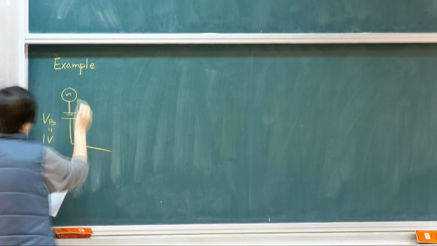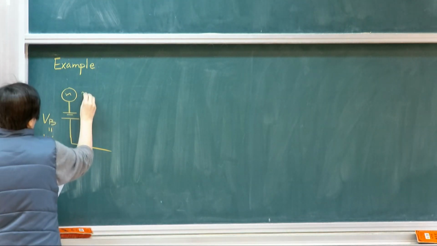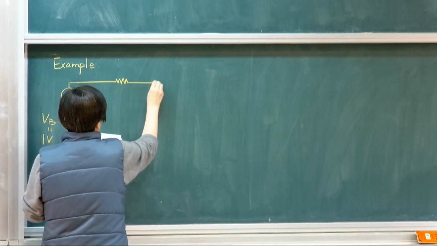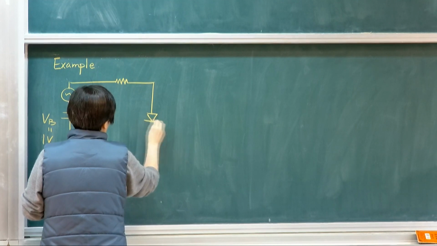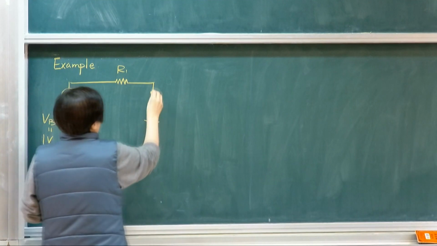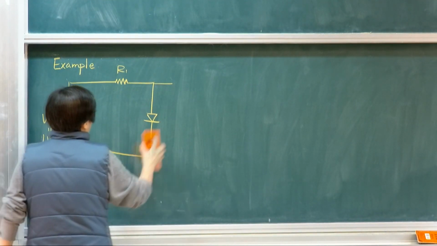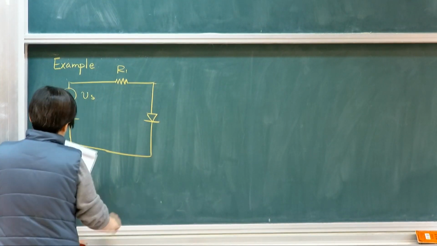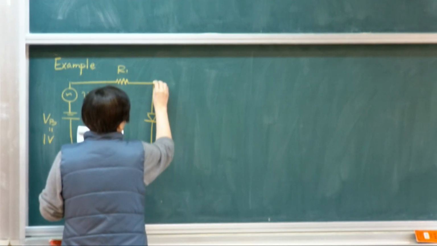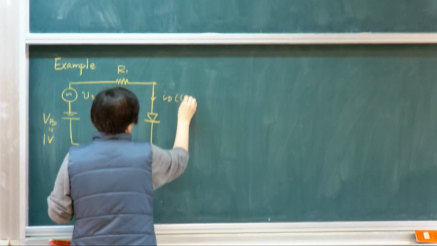and then I'm injecting a small signal on top of it with a Vs, and then it's being connected to a resistor, R1. It looks something like this. So what I ask you to find, given the circuit, is ID as a function of time.